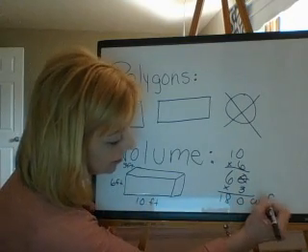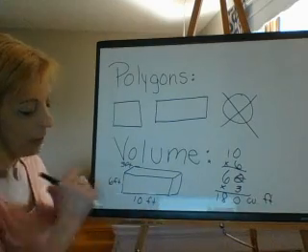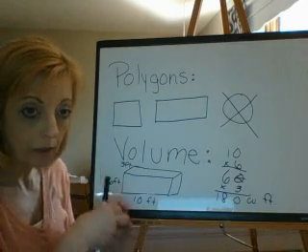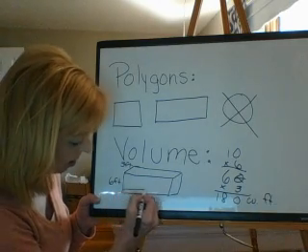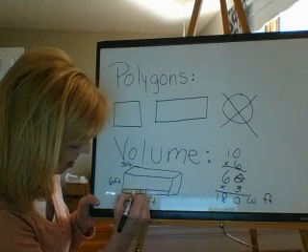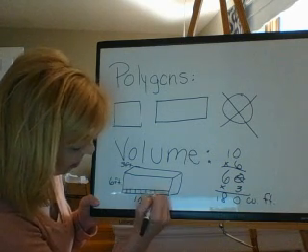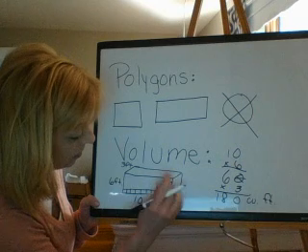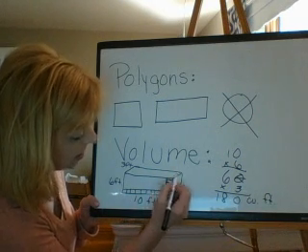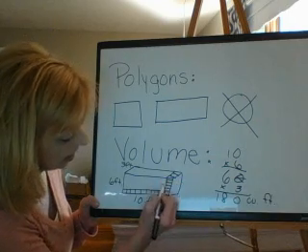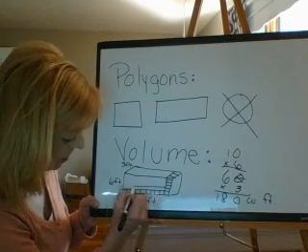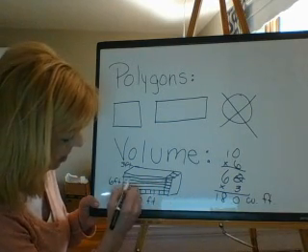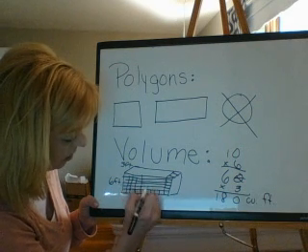cubic feet. That tells me if I took those little cubes that are 1 foot by 1 foot and stacked them in, going 10 feet across, 6 feet high, and 3 feet back, and kept going and filled this all in with cubes, you get an idea of what I'm doing here.